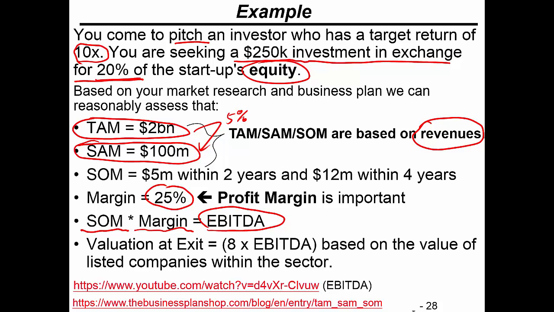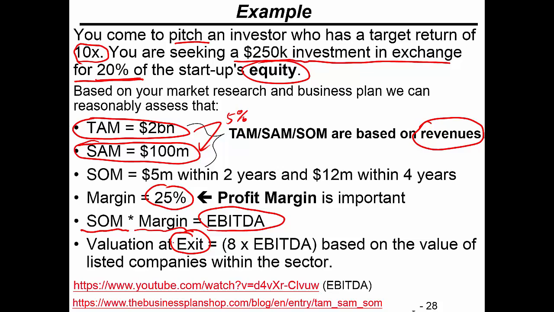And why do we need this number? Because in investment, sometimes we look at the exit strategy. Exit strategy means that if you grow your startup to a certain point, it may be acquired by a bigger company. In that case, we want to estimate the valuation, how much your company is worth.